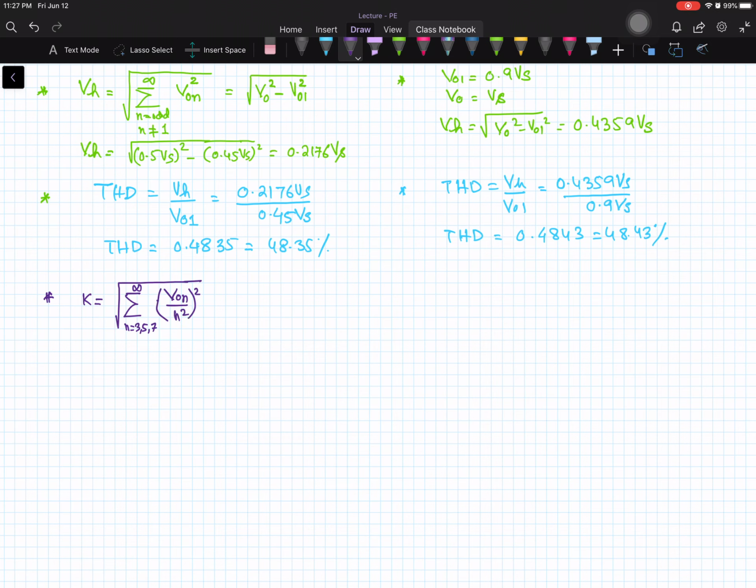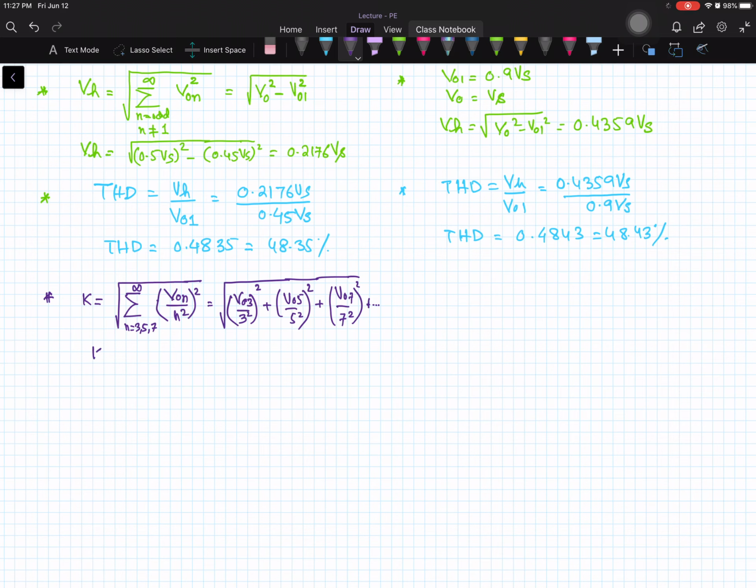So this can be written as the third harmonic component contribution squared, plus the fifth harmonic component contribution, then the seventh harmonic component, and so on up to all the harmonics.